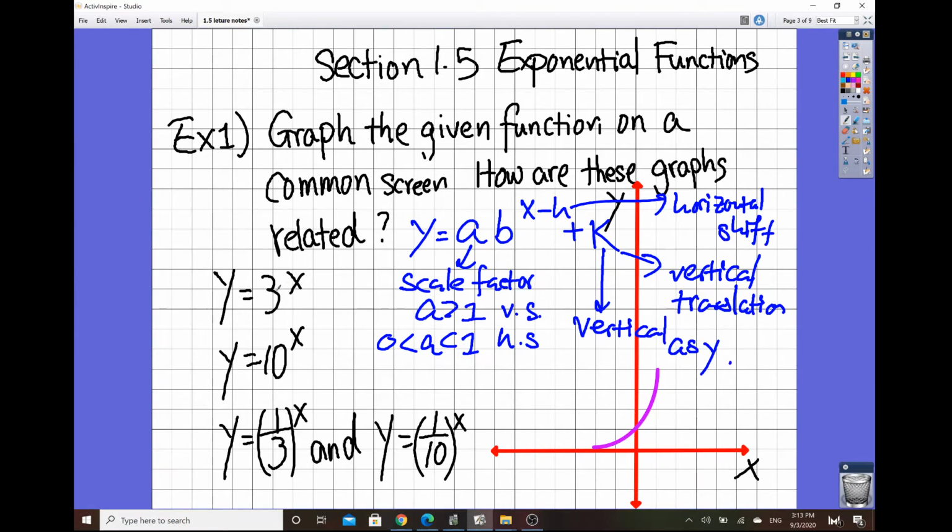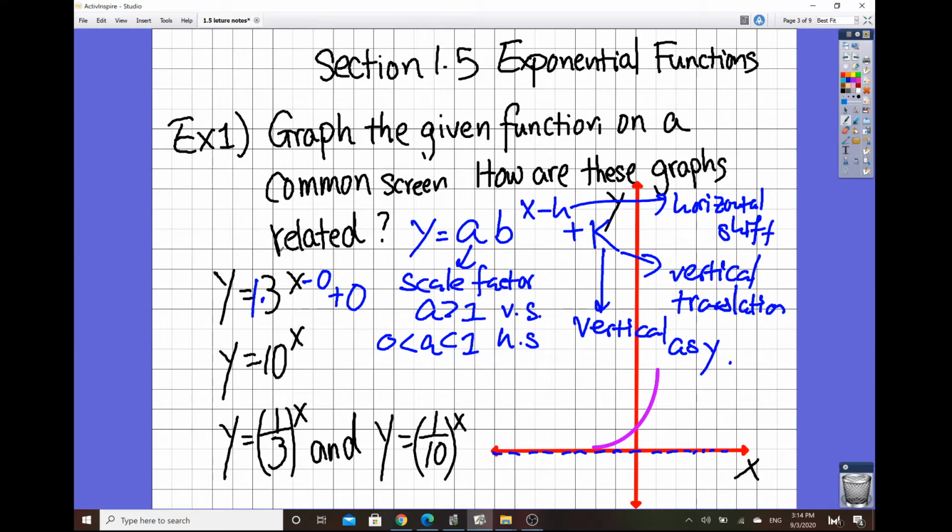Like this one right here, if we compare y equals 3 to the power of x, well, if a is not shown, that means it's just an invisible 1, so 1 times 3 to the power of x. The value of h is not shown, that means 0. And k is not given here either, so that means 0. So the horizontal asymptote is 0, which is the x-axis, y equals 0.